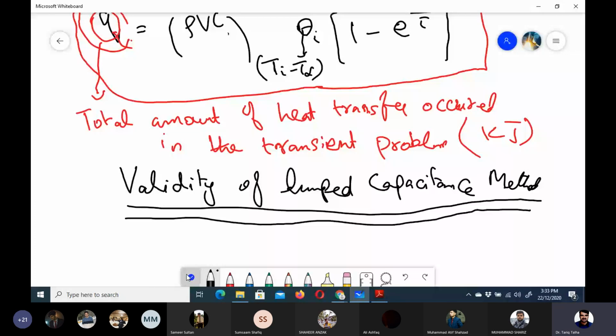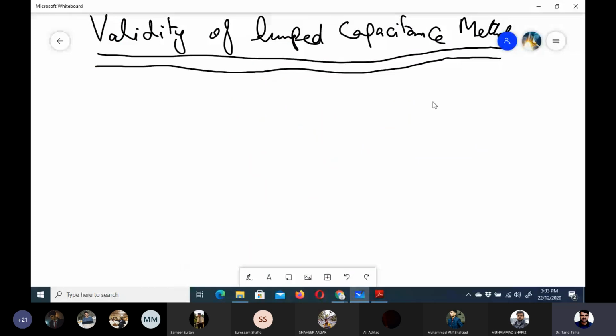So let's consider for the time being that we have a rectangular object placed in some fluid for cooling purposes. Let's draw that rectangular object here.